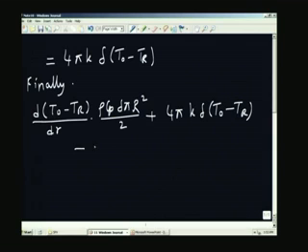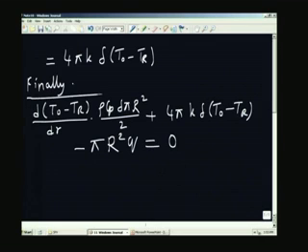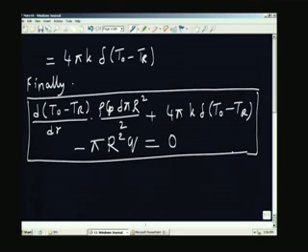This must be minus pi r squared, the area of the foil, multiplied by q, the heat which is collected, equal to 0. So, the transient is governed by this expression and it is a first order equation.